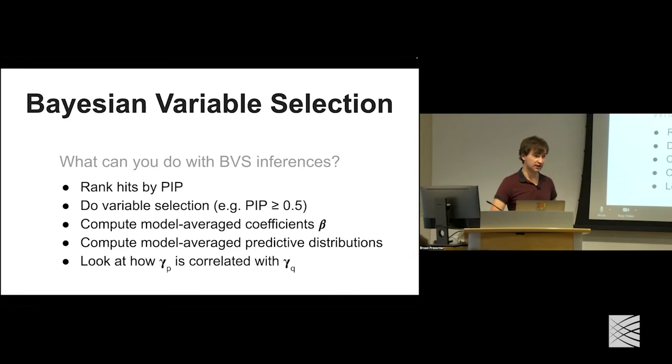You can also do variable selection. One thing you might do is, for example, only retain those covariates that have a PIP larger than 1/2 and throw out all the other covariates. A scenario you might be in is, let's say you are interested in drug resistance to some bacterium, and you have all this bacterial GWAS data, and you figure out that you have some small number of genomic variants that appear to be causally linked to a resistance phenotype.